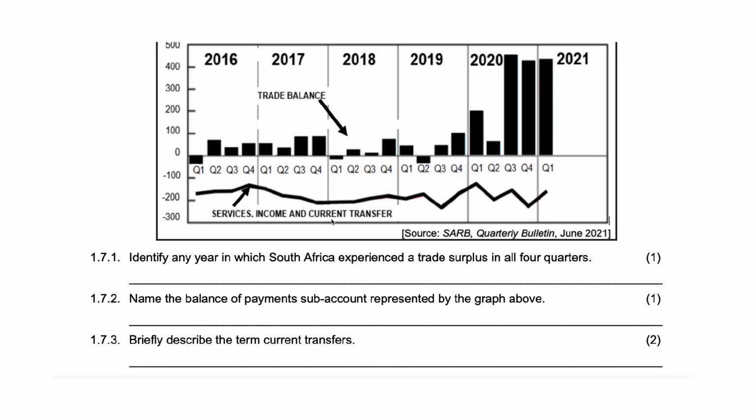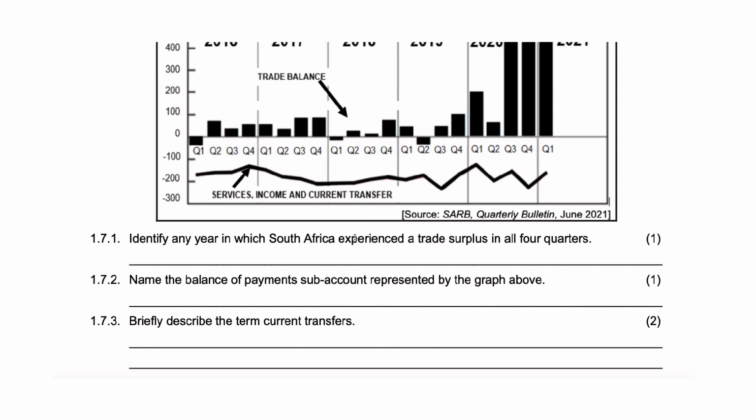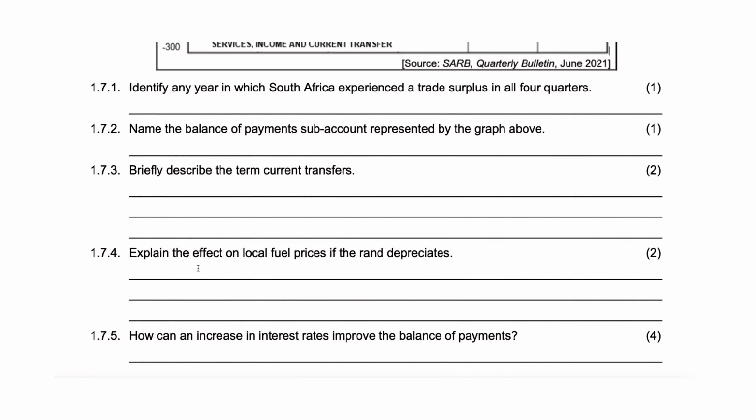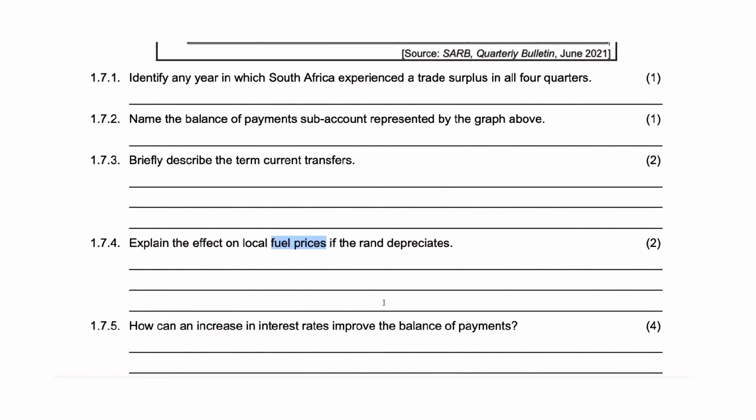Well, I did when I was talking about gifts, donations, and so on. Then explain the effect on local fuel prices if the rand depreciates. So what happens if the rand depreciates is that fuel becomes expensive, since fuel is a commodity and we don't have crude oil as a natural resource here in South Africa.